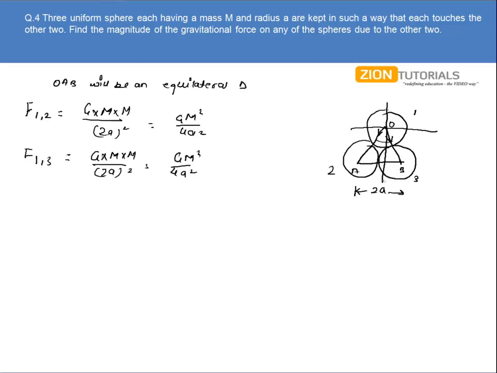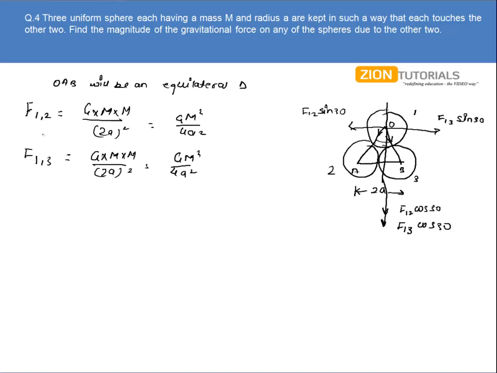Alright, so what I'll get is, this angle is 30, this angle is 30, so I can write F12 cos 30 in downward direction, and also F13 cos 30 in downward direction, F12 sin 30 in this direction, and F13 sin 30 in this direction.